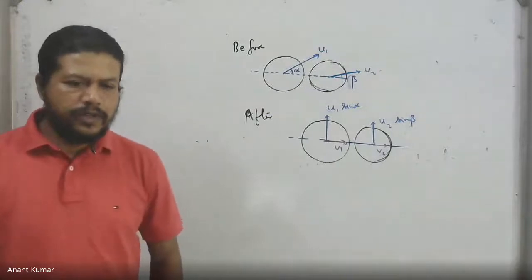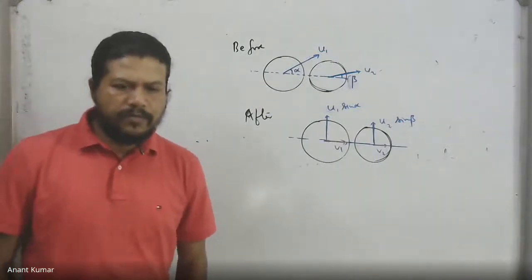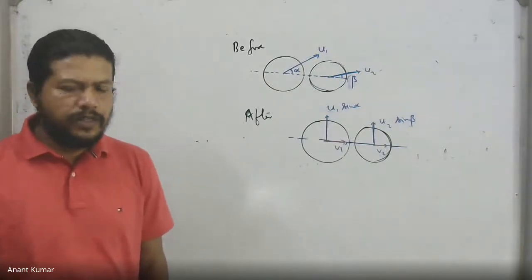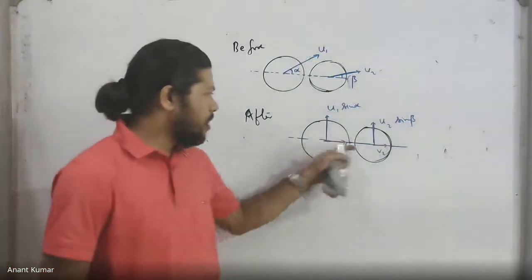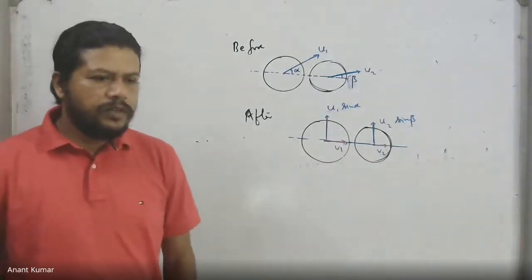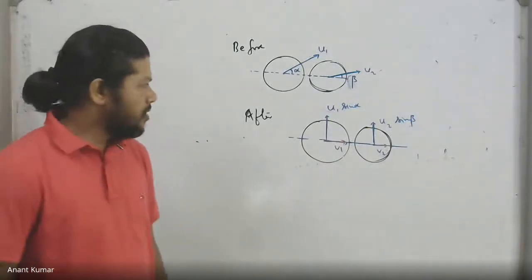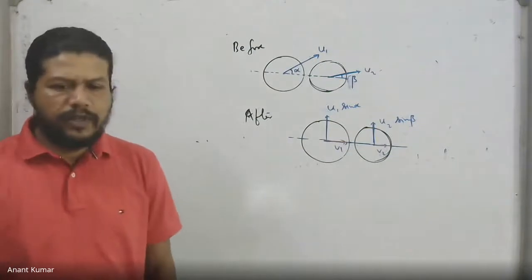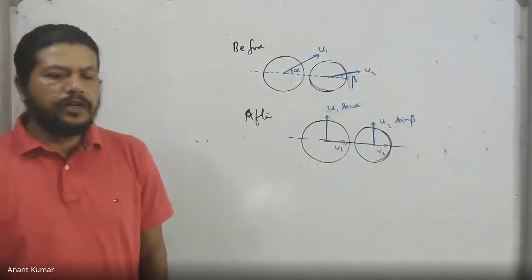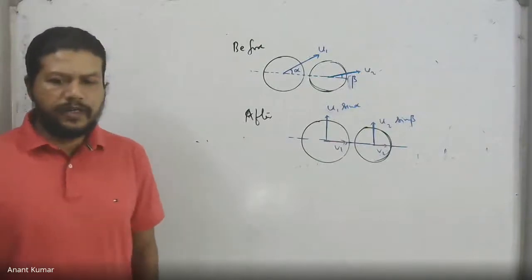The other equation will be that of the restitution coefficient. Along the line joining the centers, the velocity of separation, which is v2 minus v1, is e times that of approach, which is u1 cos alpha plus u2 cos beta. Okay.